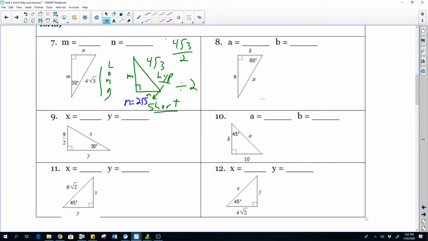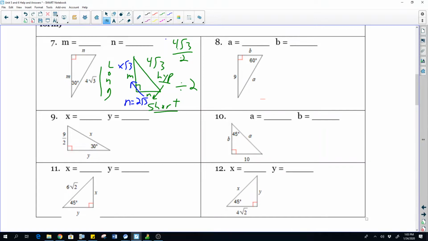Cool. Now we're going from the short leg to the long leg. So there's a relationship, a nice one. Going from the short leg to the long leg of our triangle means making it bigger. How much bigger is it? It's a formula. Times radical 3.